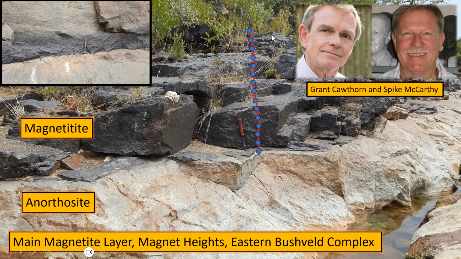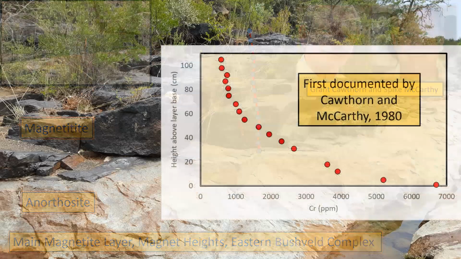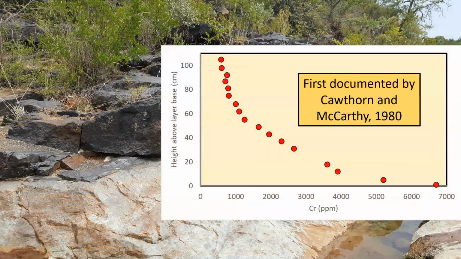As far as I understand, initially they just wanted to check the variation in the vanadium content, but they actually ended up finding something much more interesting. When they plotted the chromium concentration, they noticed a really rapid but remarkably regular depletion in the chromium content upwards.